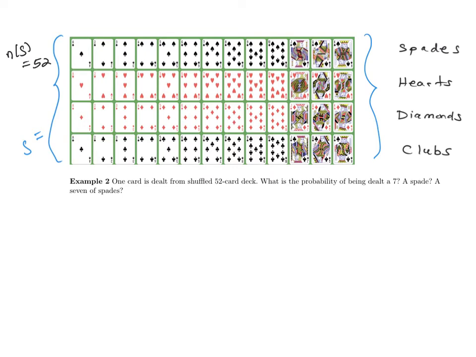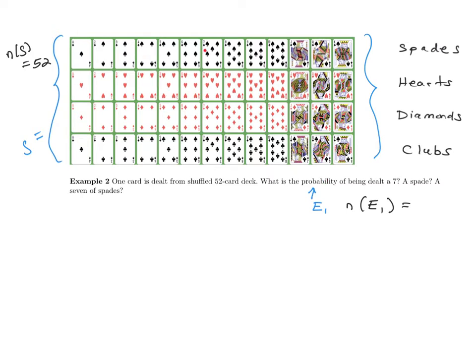Okay, on to our first event. The probability of being dealt a 7, and I'll call this one E sub 1. That is our first event. How many ways could this happen? So let's just jump to what is the number of items from the sample space that are in this set? Well, where are the 7s?